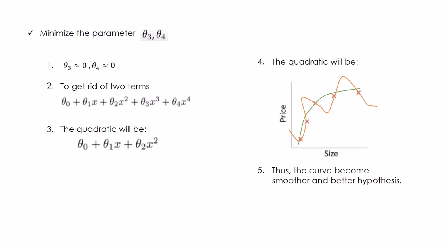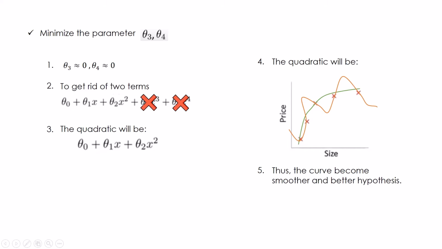In order to minimize the parameters, we set them to a smaller value, for example 0. We want the parameters to have a smaller value in order to get rid of these two terms. The first term is this one, and the second term is this one.